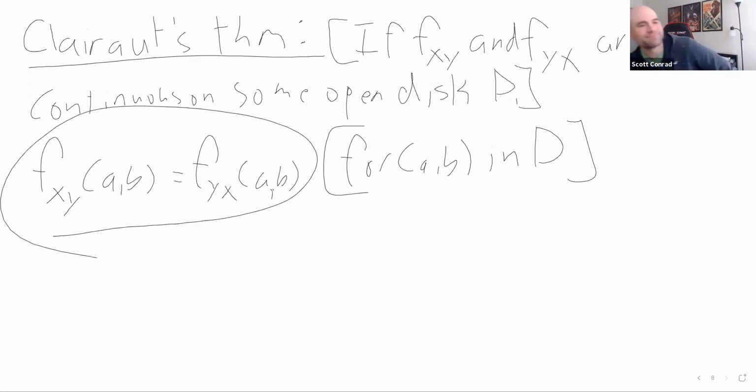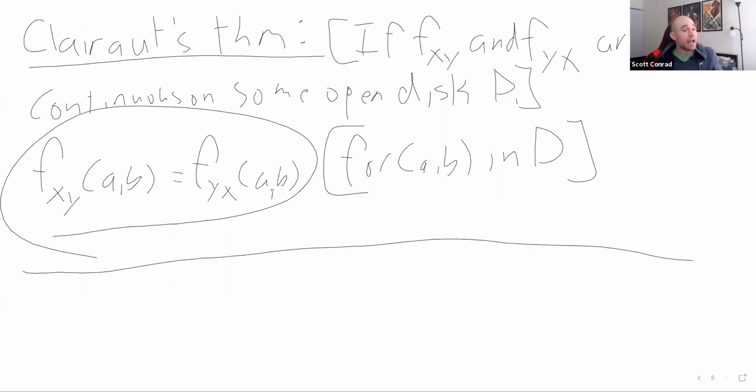But this is the kicker. Basically, the technical stuff is going to be true for pretty much everything in this class. So f sub xy is always equal to f sub yx. So it doesn't matter what order you take the partials. You're going to get the same thing. And in fact, we can extend that to higher partial derivatives.